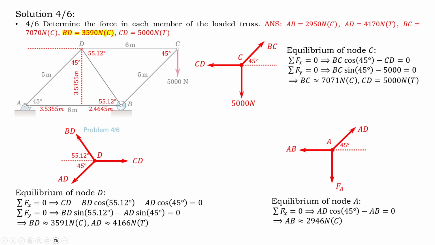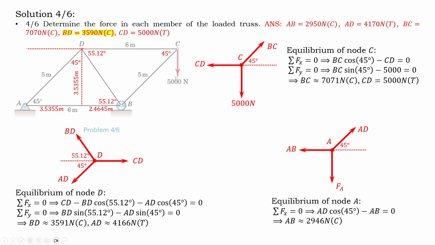And now at point A, you assume that here you have AD, you also have AB, and at this point you have just FA. Why don't you have X direction at point A?